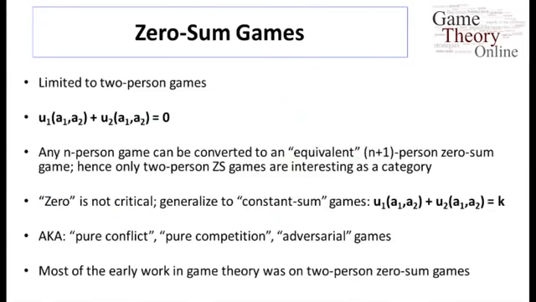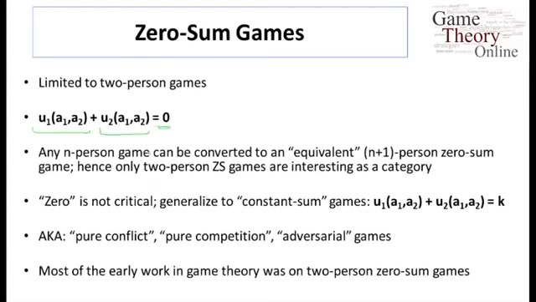So for zero-sum games generally, the interesting cases will be limited to two-person games. So often when we refer to zero-sum games, we're referring to two-person games. You can have a general n-person situation where you've got a zero-sum game. But the idea here is, again, the payoffs of the players as a function of the actions sum up to 0.